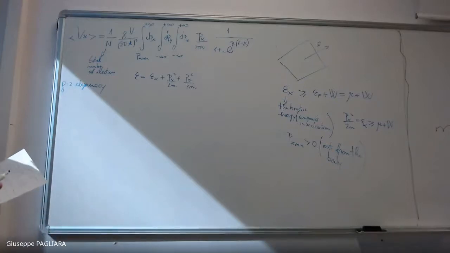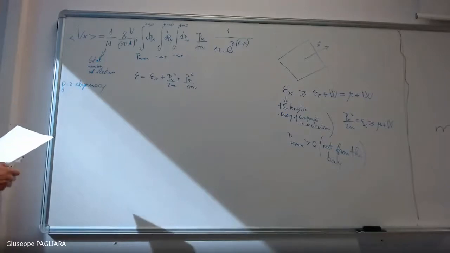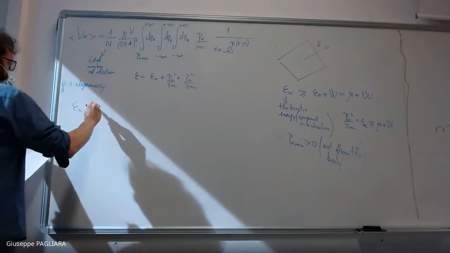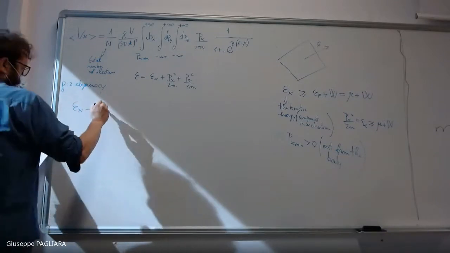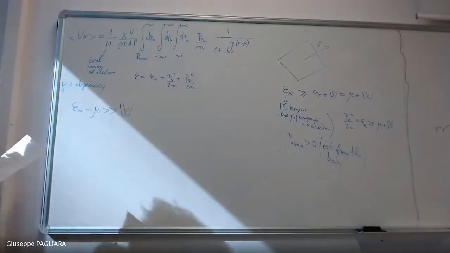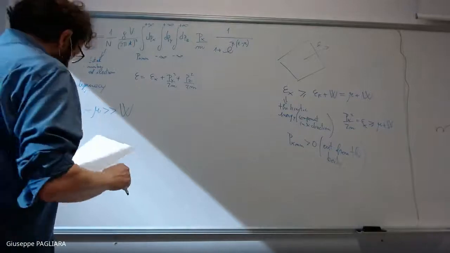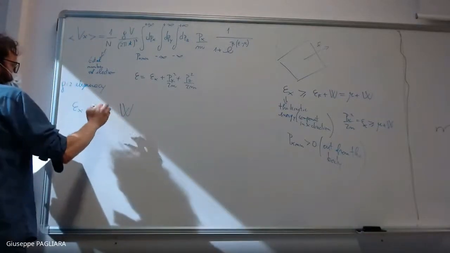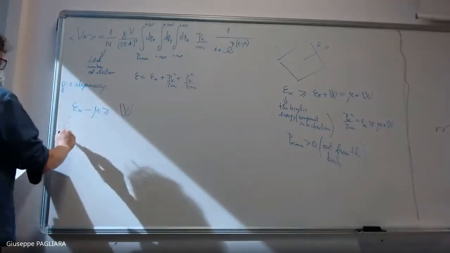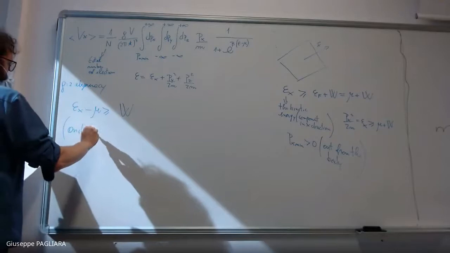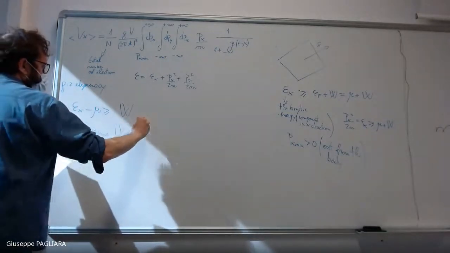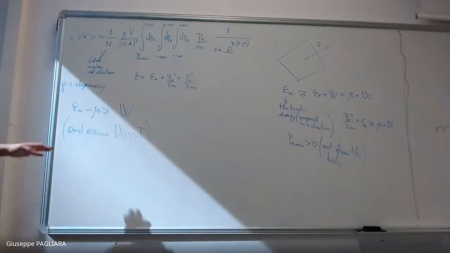So now, what we are going to assume is that epsilon x minus mu is much larger than W. And we assume that W is much larger than kBT.